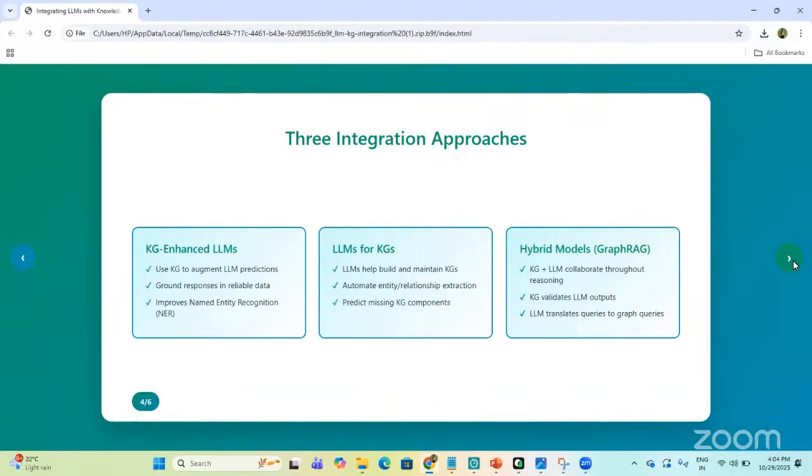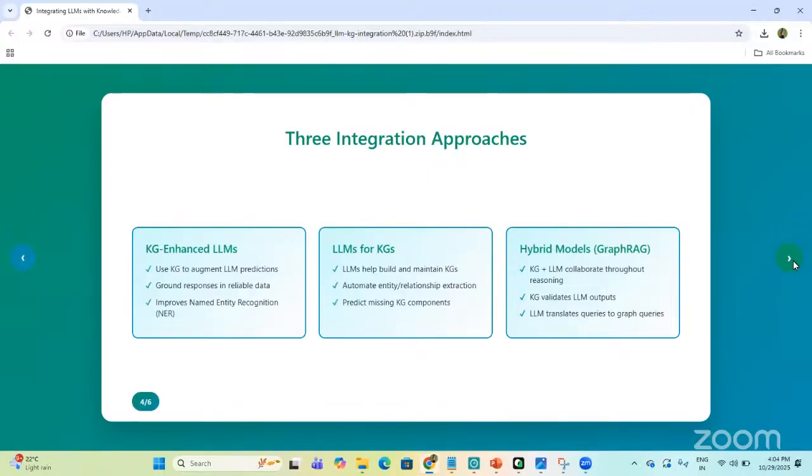The third is hybrid approaches like graph RAG systems, where both systems collaborate simultaneously. The knowledge graph verifies the model's output while the LLM interprets natural language queries and translates them into graph queries. That is how it works in a hybrid model.